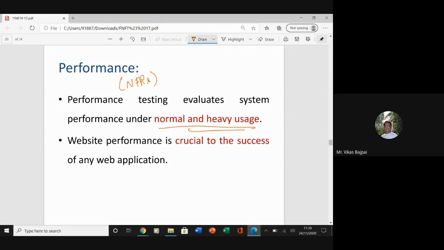So heavy usage. Website performance is crucial to the success of any web application, right? If I don't get user friendliness and very high performance from Amazon.in, let's say, not .com, here in India, and I click on a particular product and need to wait for 30 seconds, then definitely I will not prefer to visit this portal.